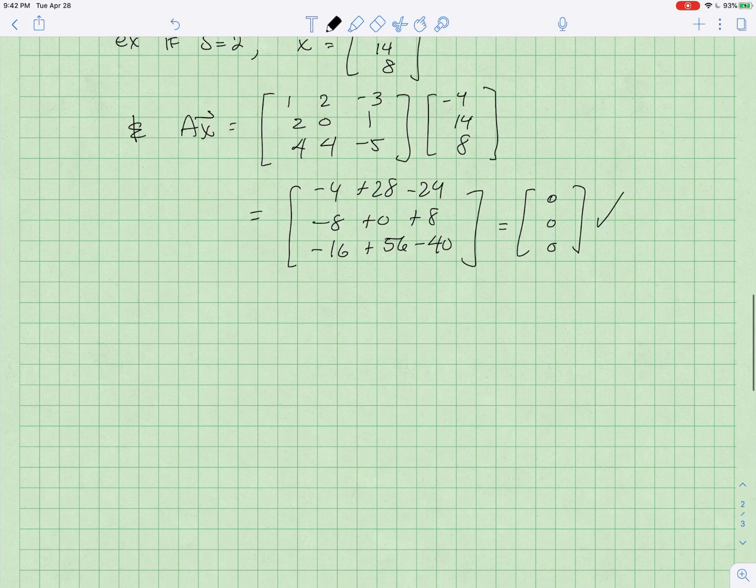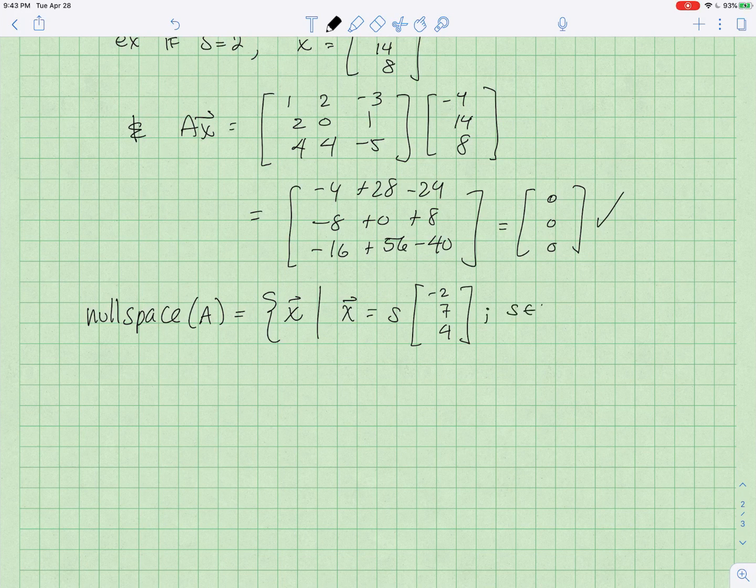So we might say null space A is the set of vectors x such that x is any multiple of the vector -2, 7, 4, where s is a real number.